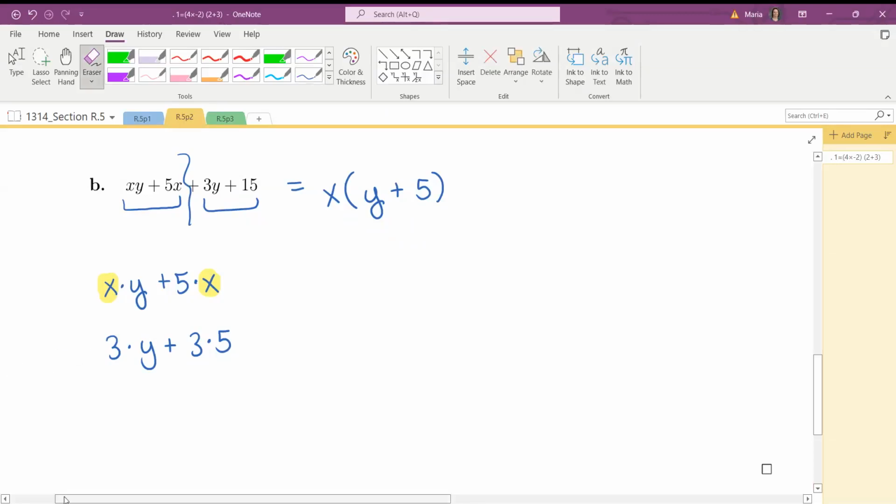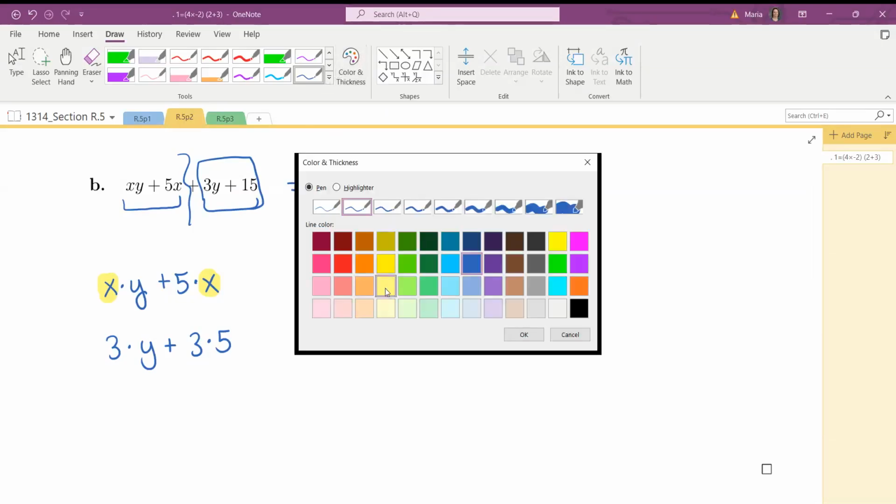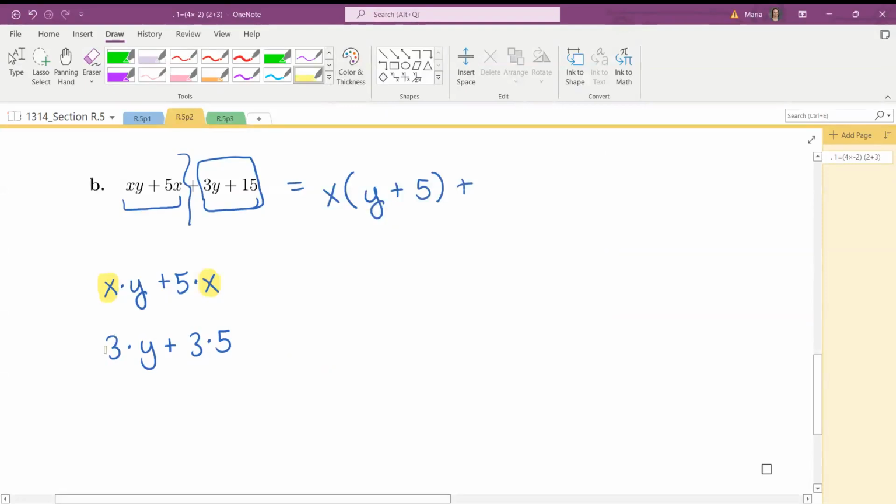This time, the leading term is positive, so you do not need to take out a negative. You're going to take out a positive number. What you're going to do here is look at what's in common. If I look at my common stuff here, there's a 3 in common.